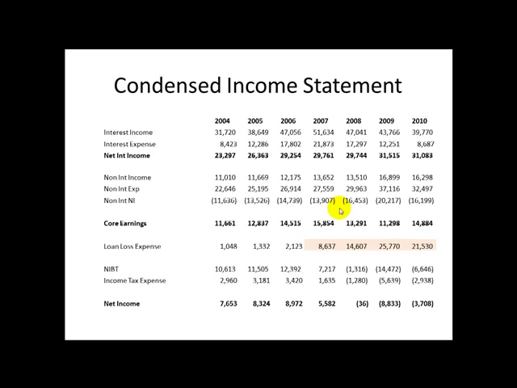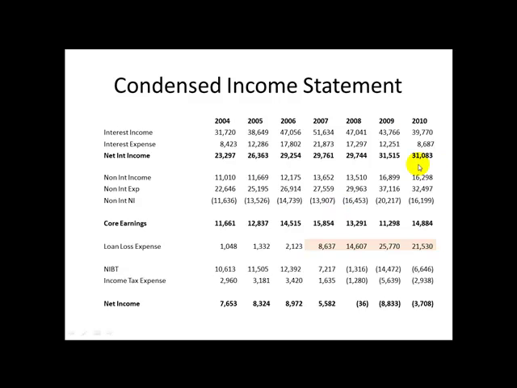Usually in most analyses, not always, but most of the time, people like to look at the income statement, so we will start here. The bank's income is typically separated into three different pieces. Piece number one is interest income.